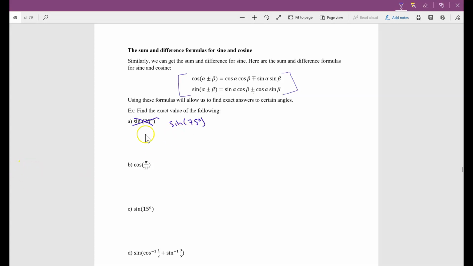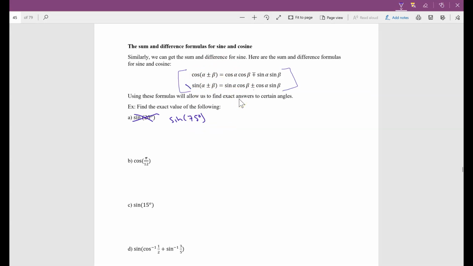So notice that sine of 75 degrees is not on the unit circle, so we cannot figure it out directly. So we want to use maybe these two formulas, well actually just the formula for sine, to figure out how we can find the sine of 75 using two other angles, where either the subtraction or the addition will give me 75.